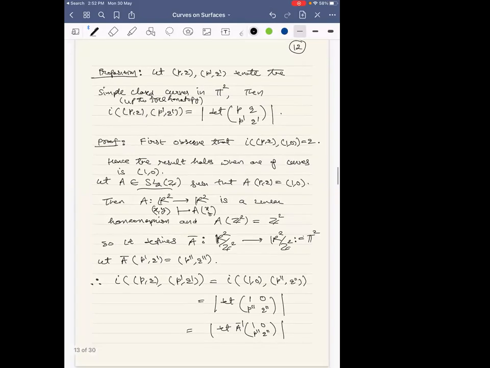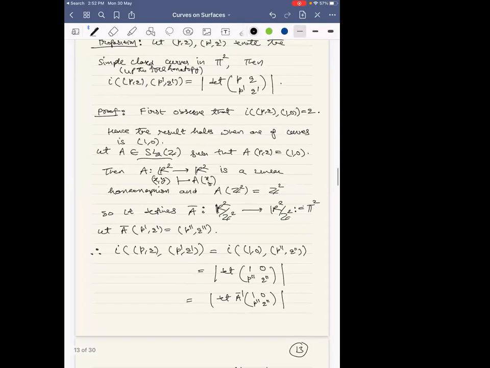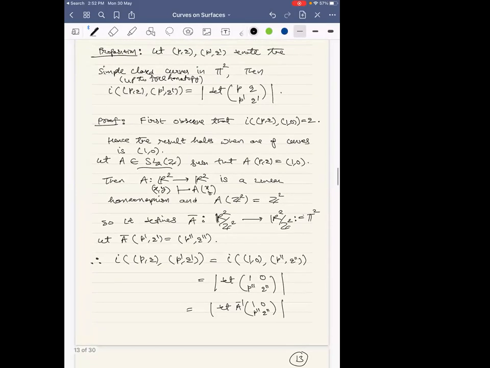Let us assume that the image of P'Q' is P''Q''. Let us see what is the intersection number of PQ and P'Q'. Because this is a homeomorphism, the geometric intersection number of PQ and P'Q' will be the same as the geometric intersection number of (1, 0) and P''Q''.